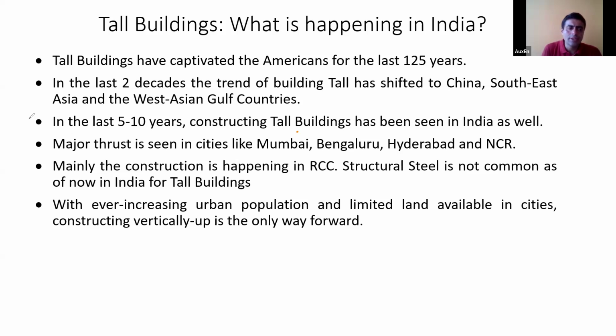In China, I was reading, they have now put an upper limit and are telling developers not to build beyond 500-meter height. This is the top height they are now restricting themselves to. They can clearly see that beyond this height, there are a lot of problems.